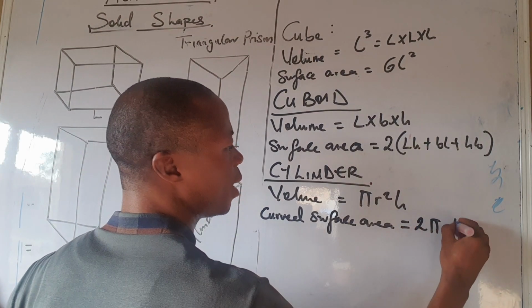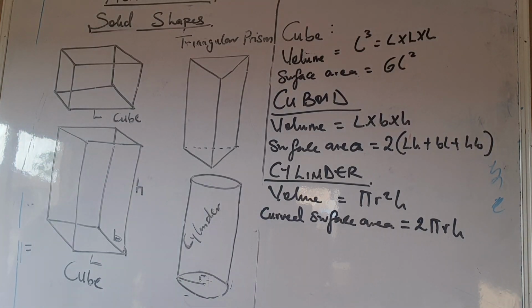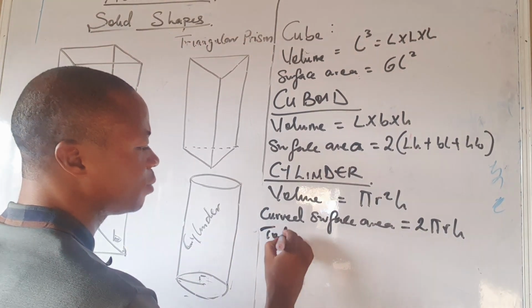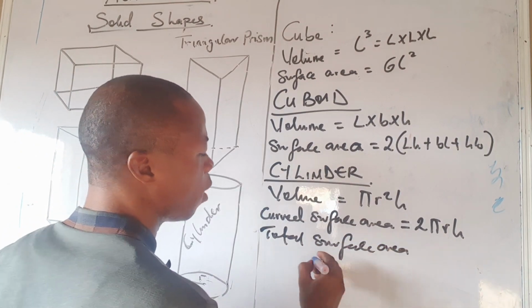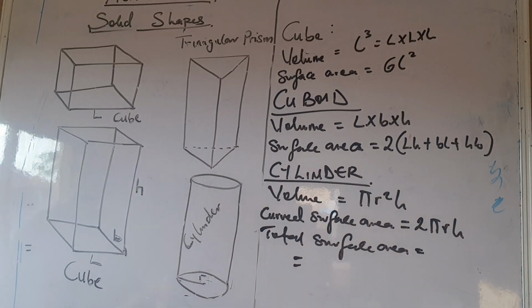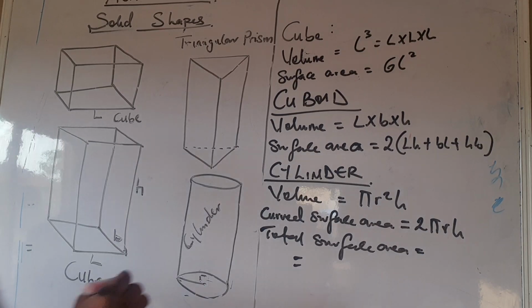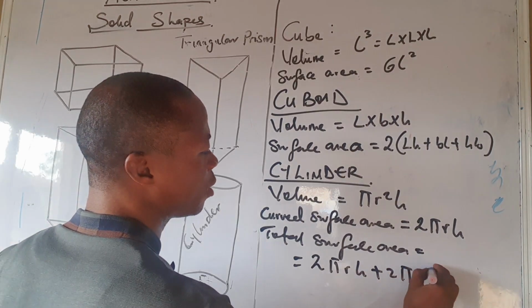Now we have the total surface area of the cylinder, which is given as 2 pi r h plus 2 pi r squared.